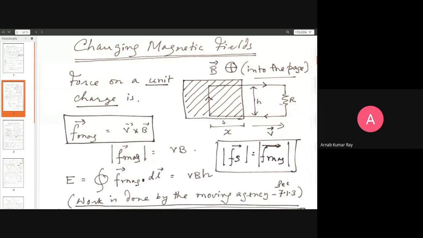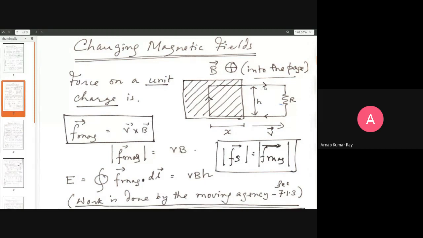Now let us see. If there is a force, then under the influence of this force, the charges, which so far were static, will start moving. But now let us see which direction they will move. Only the part of the wire starting from here, going to the left, going up along this branch, and then going up to here, only the part of the wire that is overlapping the shaded magnetic region will have the charges experiencing the force.